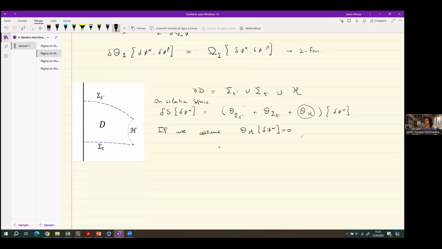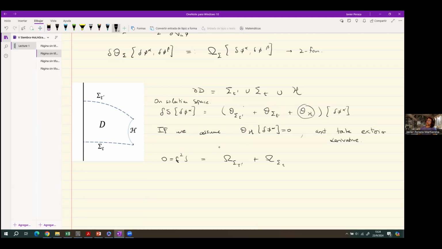So we have this guy, and take the exterior derivative. This guy won't contribute to the exterior derivative when we take here the delta S, another delta. So delta squared S will be 0, and it also will be the symplectic form at sigma T prime plus the symplectic form at sigma T. Okay, each one with corresponding sign.